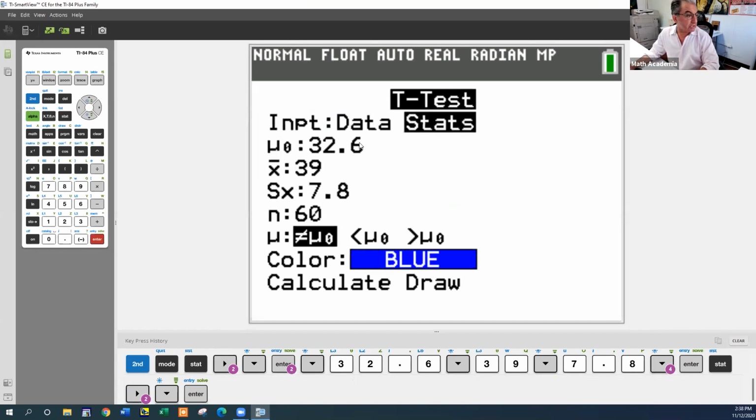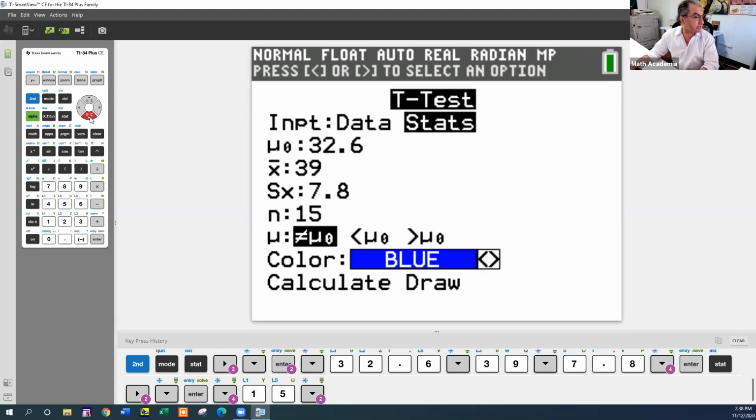So the mu in the claim was 32.6. That was correct. X bar was 39. That was correct. And n was 15, not 60. So let's put 15. So be careful.